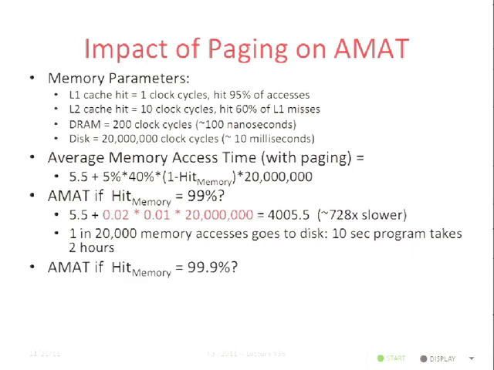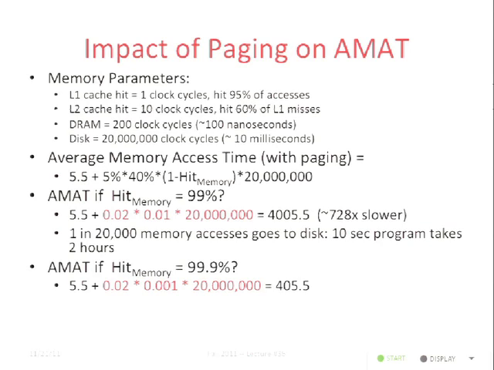So what happens if you go to 99.9%? Well, we're going to carve off a 0. So, now we're only 8 times or 80 times slower. Okay, so, think about it. This first one, out of every 20,000 memory accesses at the CPU has to go to disk, and we slow down from 10 seconds to 2 hours.